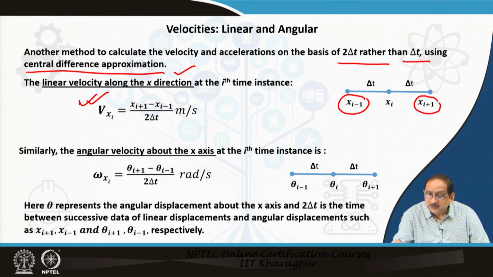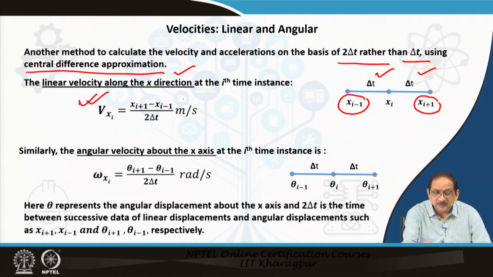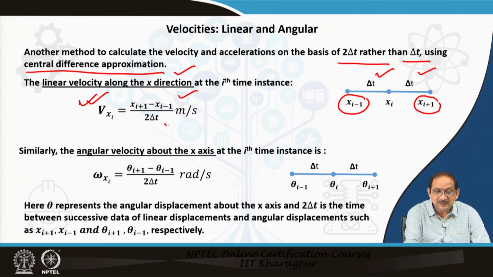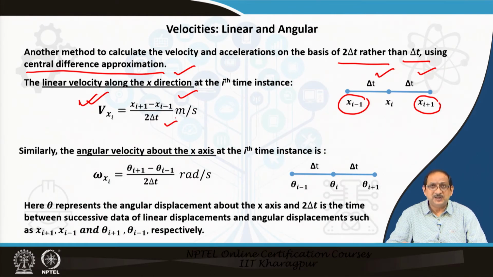So, the total time difference is of course twice delta t. So, the difference in displacements divided by the total time difference 2 delta t will give you the linear velocity along the x direction using the central difference approximation.